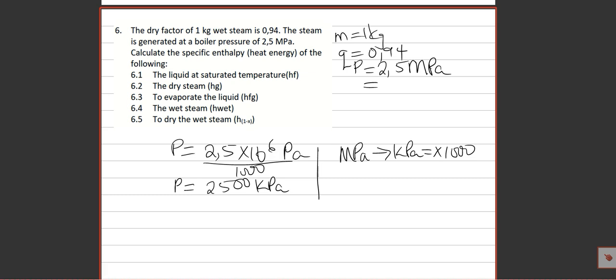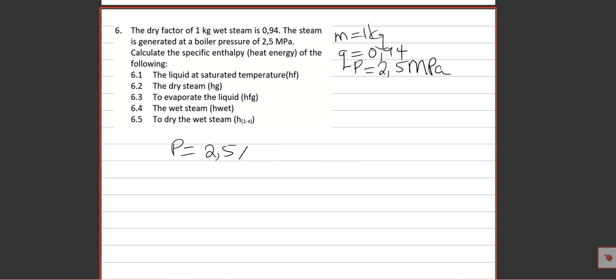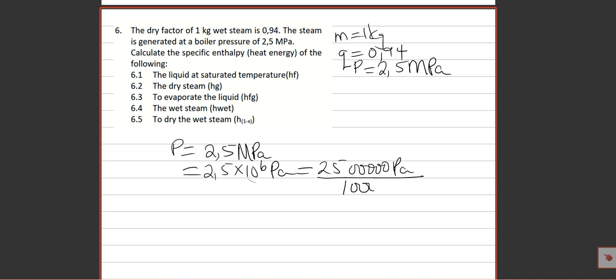So let's revise it quickly. What did we say? We were saying we are given 2.5 megapascals. A mega is the same as 10 to the power 6 pascals. You want to convert this whole expression to kilopascals, so I divide it by 1000.